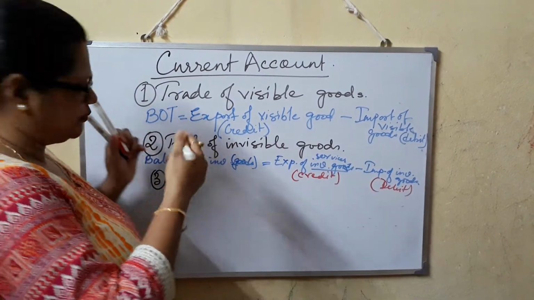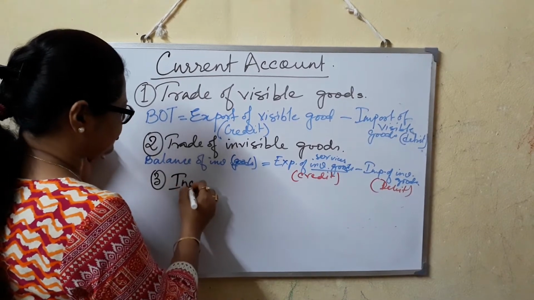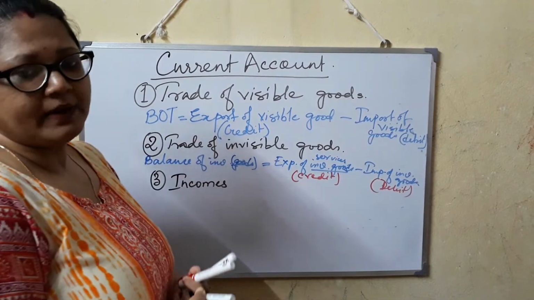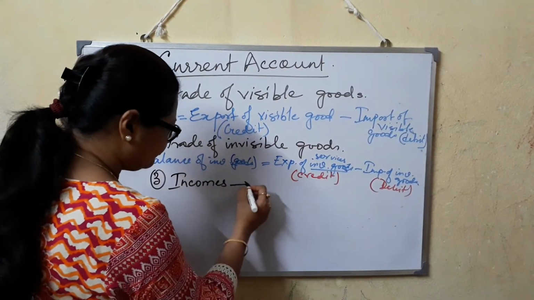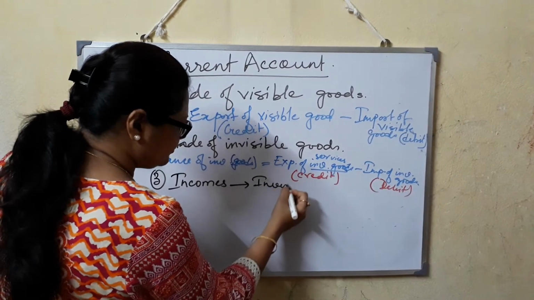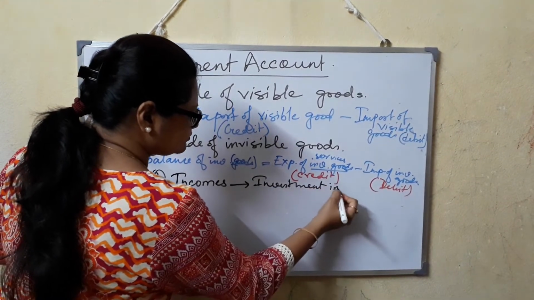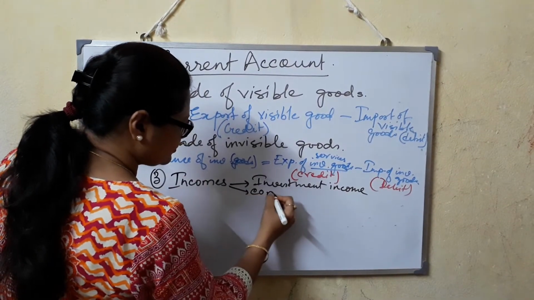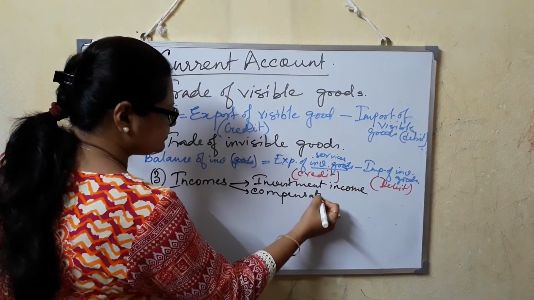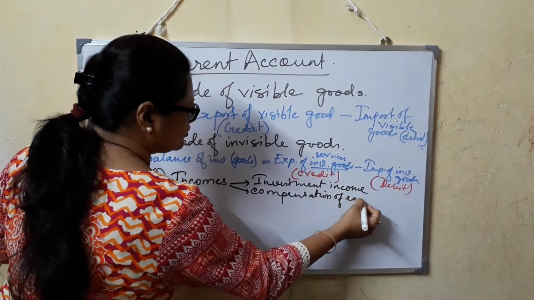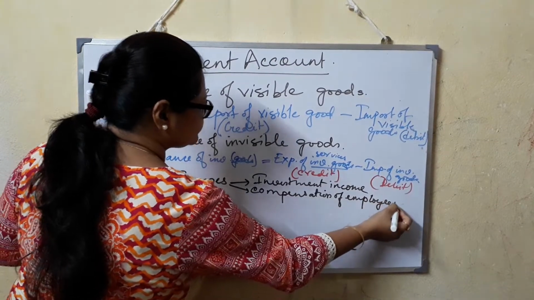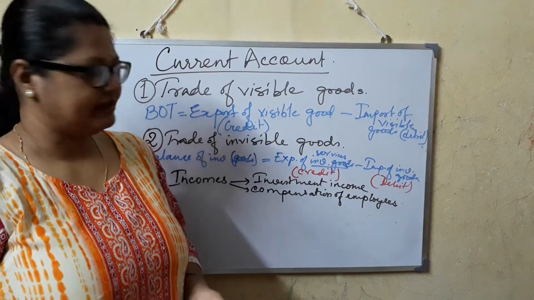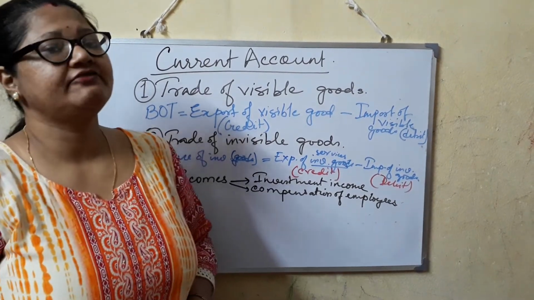Alright. Now, under invisible goods, there is also one more thing that needs to be considered, that is, even though I am making it as a third point, incomes. Incomes also come in two parts. Out of income, we get investment income and compensation of employees. Now, what is the meaning of investment income? Investment income are those income which basically comes because of investment.